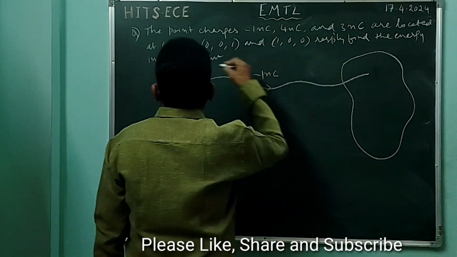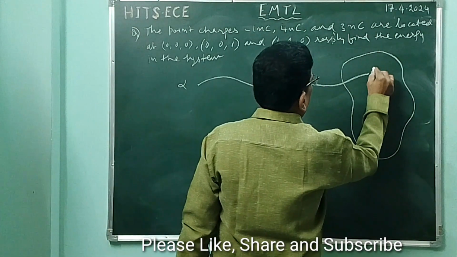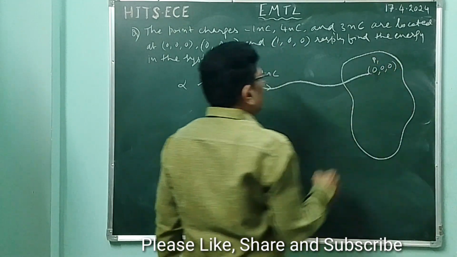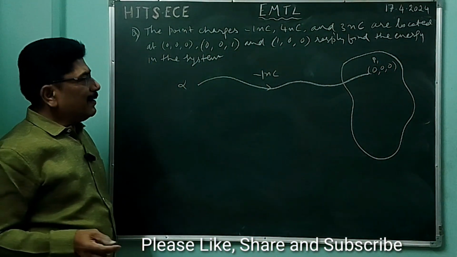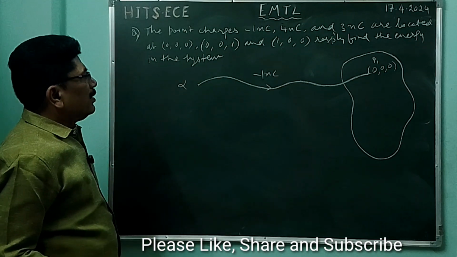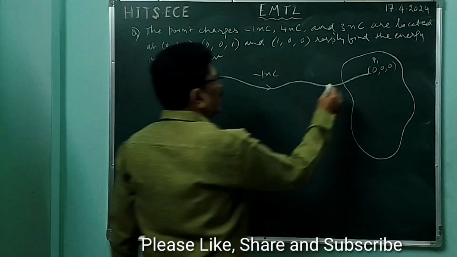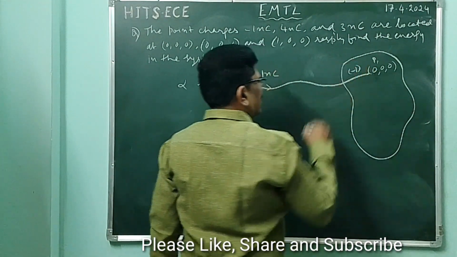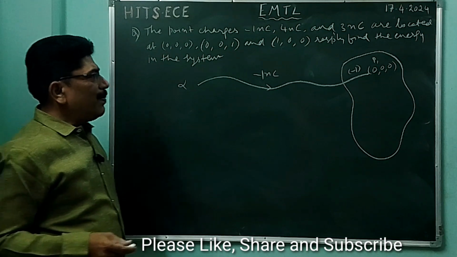What are the coordinates? 0, 0, 0. Let this be P1. So without spending any energy, this charge can be moved to that point P1. So once it is moved, minus 1 is available here. The charge is available, so it develops an electric field.